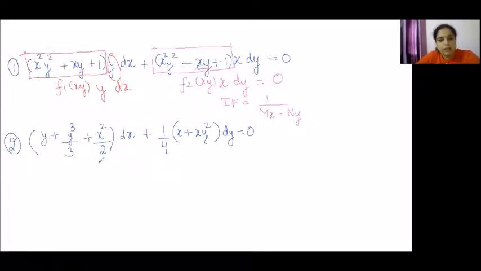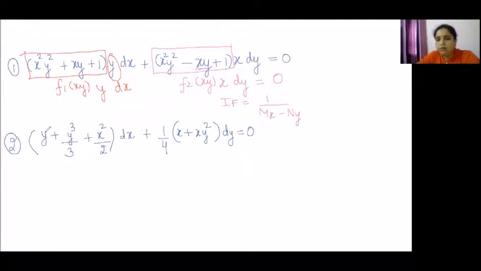Now, when you check the condition of exactness, again it will not be satisfied here. Now let us see which rule will be used here for finding the integrating factor. This is not a homogeneous function, so the first is not applicable here. If we talk about the second one, then this can't be written in the form of some function of xy times dx, so the second rule is also not applicable here.